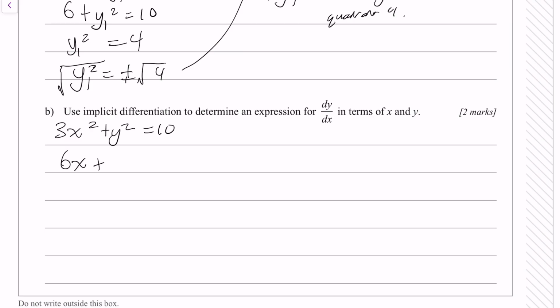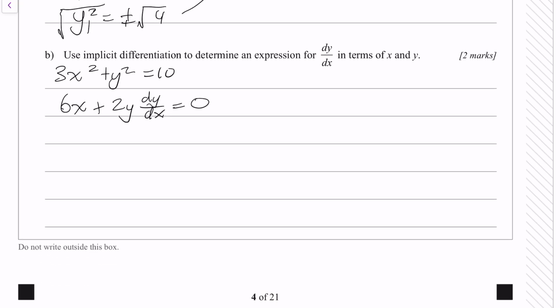Okay, but however, when differentiating y squared in terms of x, then we just differentiate it normally how we usually would, but then put a dy/dx there, okay, because that's like a chain rule function. And we know deriving 10, which is just a constant, is going to be 0.